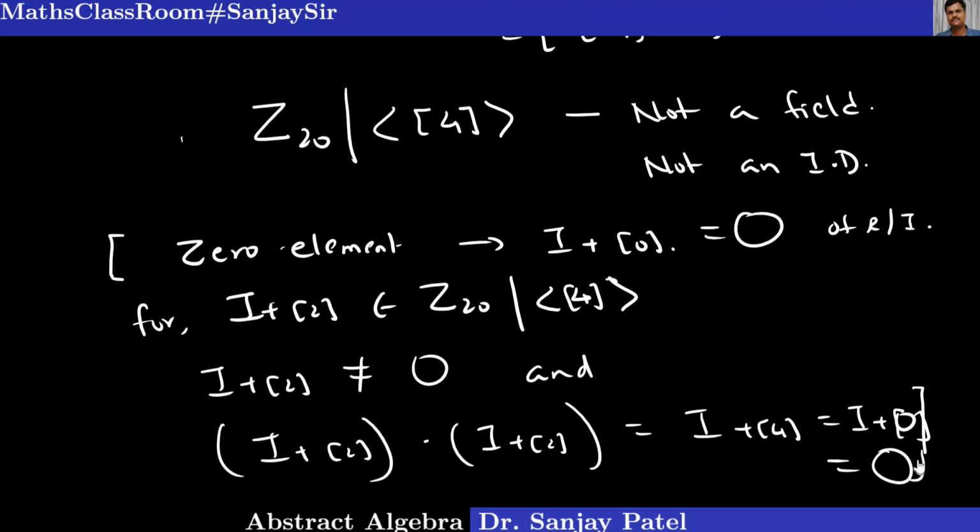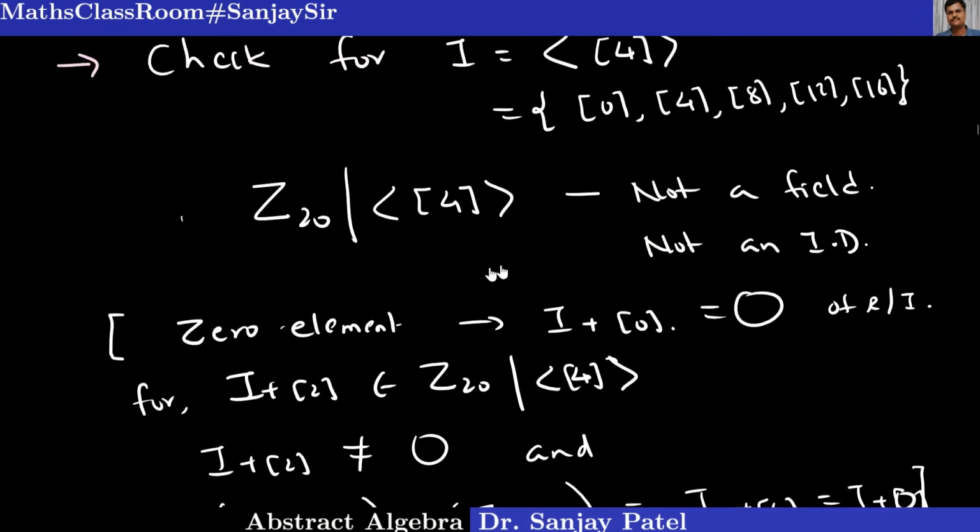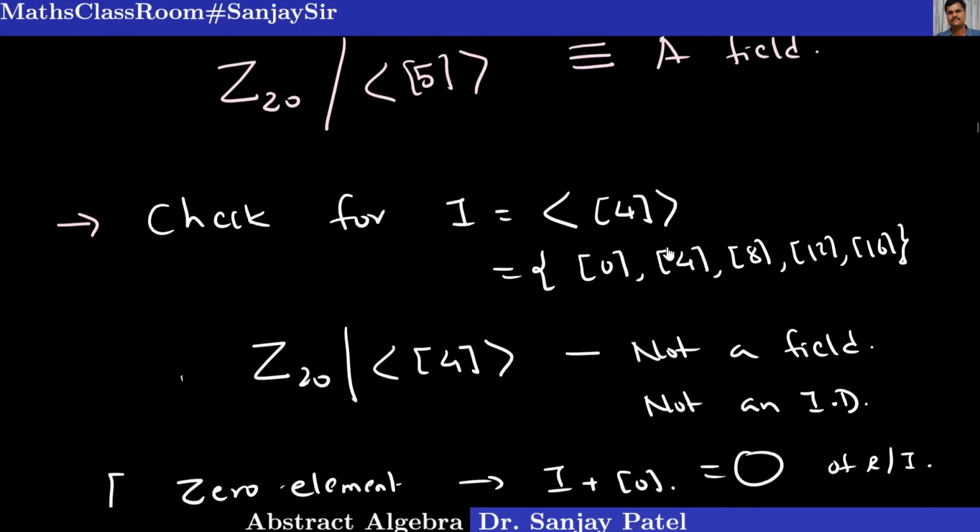Okay. So this is a simple exercise for you to verify that for the new ideal I equal to class 4, or the ideal generated by the element class 4, this quotient ring is not an integral domain.